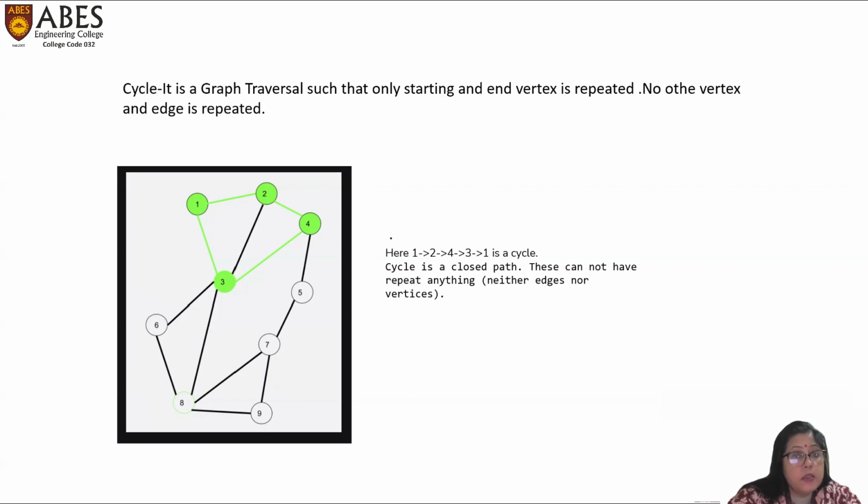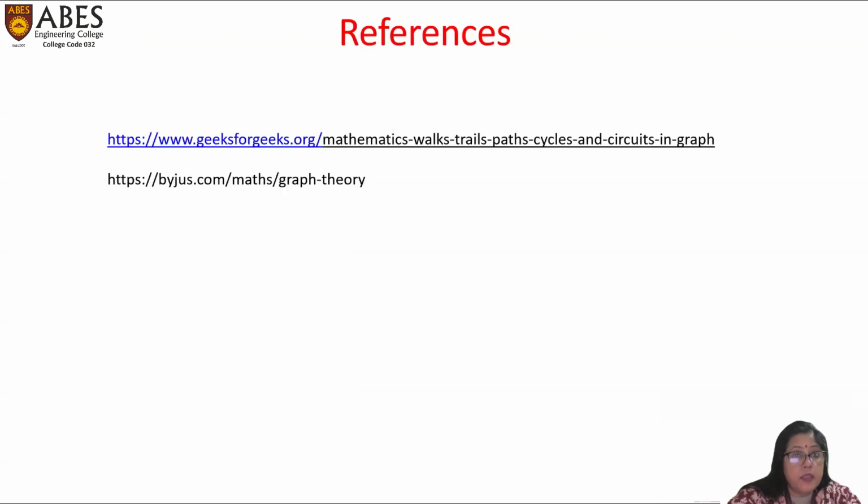So this is called a cycle, a traversal of the graph in which only the starting and end vertex are repeated and no other vertex or edges are being repeated.